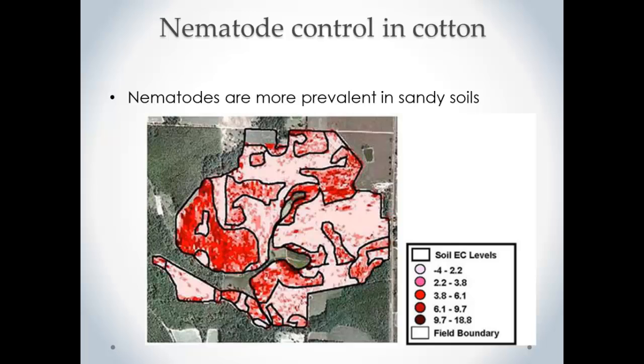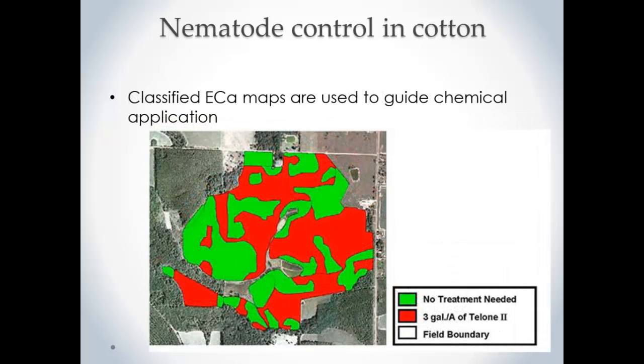The darker red in this map is where the intensity of the nematodes is the greatest, actually the area where EC is higher, and so in those areas there's not as much treatment needed. Where you do have a lower EC or a sandier soil, the nematodes are more apt to grow and develop and populations soar. That's where you need to go in and do a treatment for those nematodes to prevent crop injury.